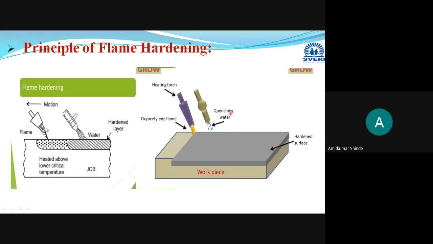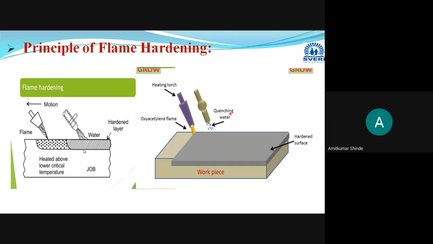Now this flame hardening basically consists of a workpiece, then your oxyacetylene flame, and this water spray or source of water. Now, depending on their state, whether they are fixed or in the moving condition, this flame hardening process is classified in four types.